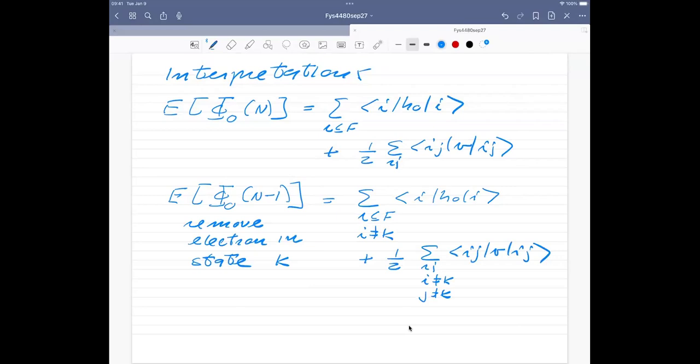So I made an assumption here. Can you see what kind of assumption I've made? So think of you now solving the Hartree-Fock problem for n particles and n-1 particles. What kind of assumption have I made here? If you look at the equations, the i's and j's are the same in both cases.